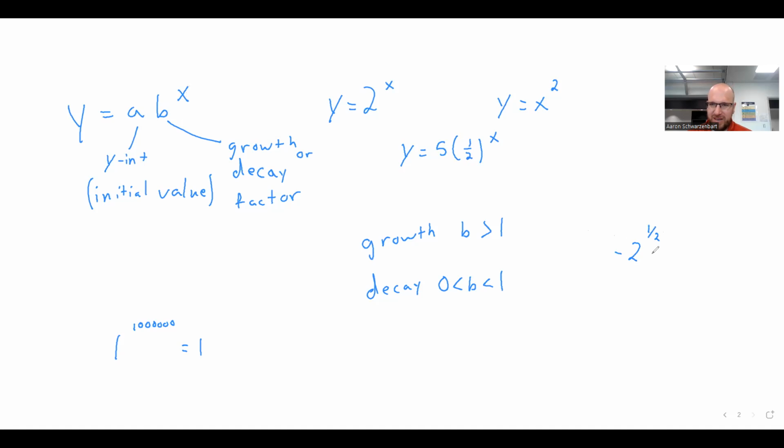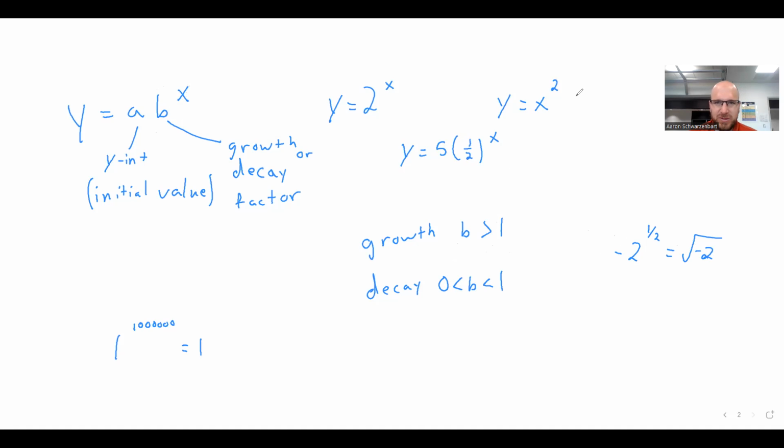When I get to 1/2, that's like square root of -2, and that's not a real number, okay? So exponential functions are going to be smooth, and they do require that B be a value greater than 0, okay? But not 1. 1 will not be exponential either.